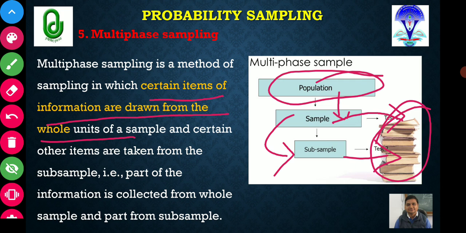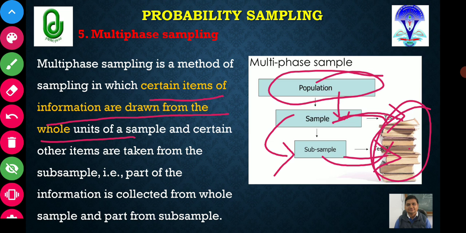So these observations that we have taken, first from the sample and second from the subsample, are taken in different phases. That is why it is called multi-phase sampling.